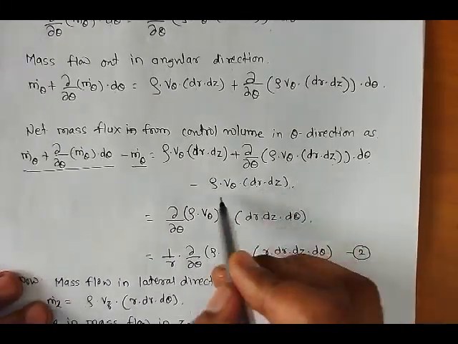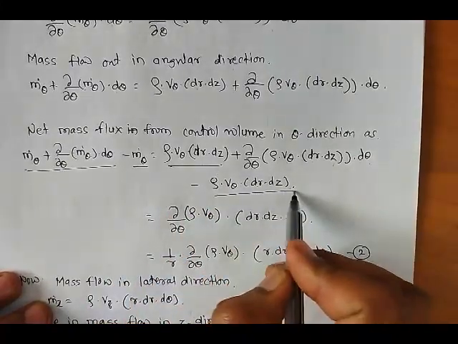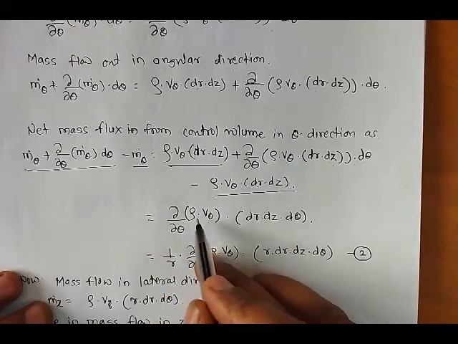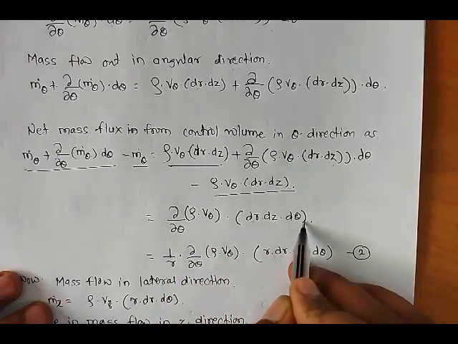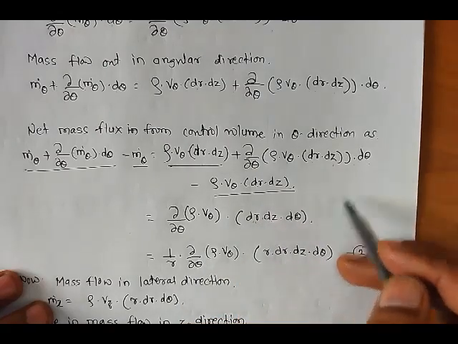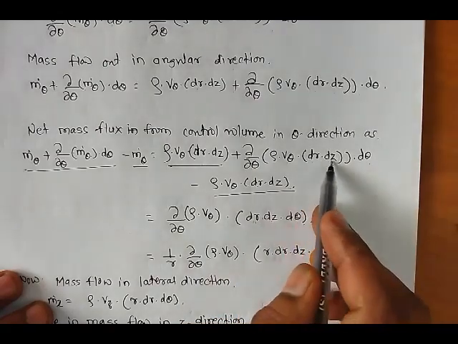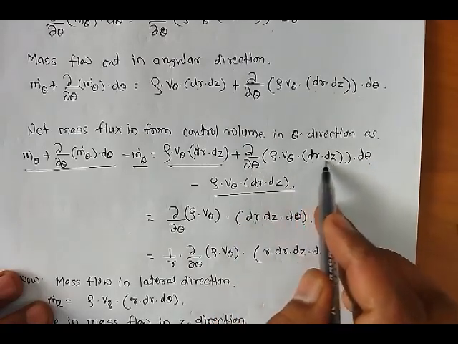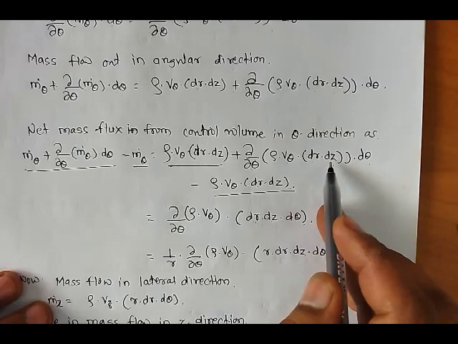Okay. So this term and these terms are similar, so the plus and minus get cancelled, remaining as ∂/∂theta of rho v theta dr dz d theta. So dr d theta dz is as it is, but this dr dz is not changing with respect to the angular dimension. These are the volume elements, so that's why this is not going to change.